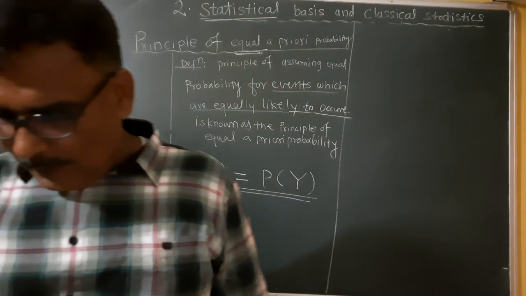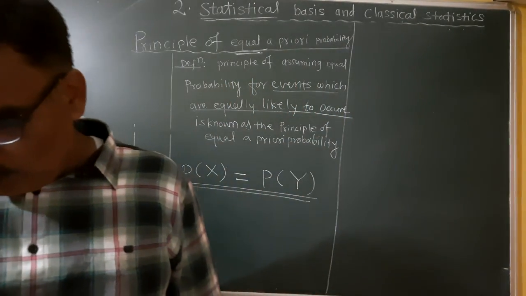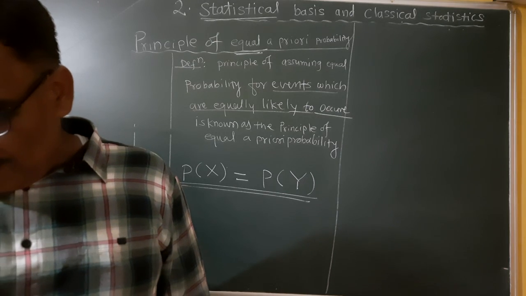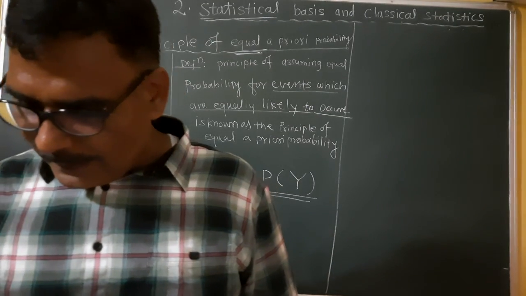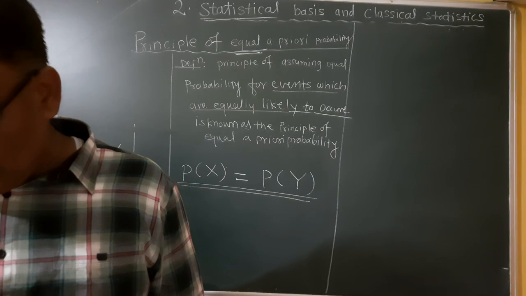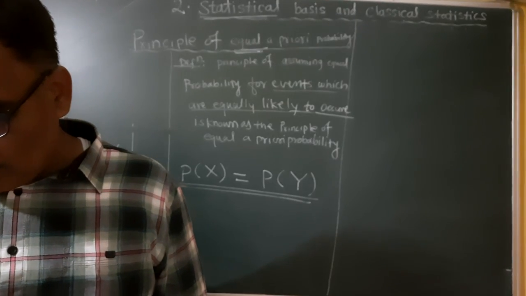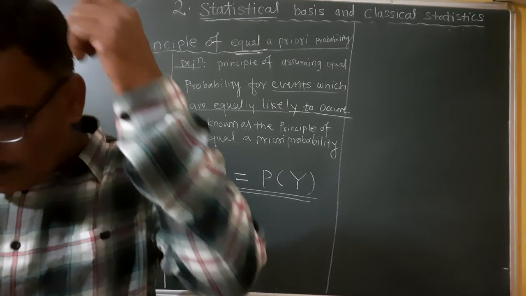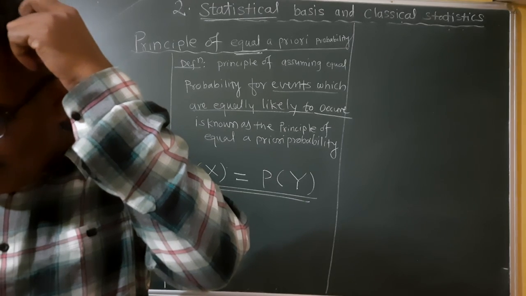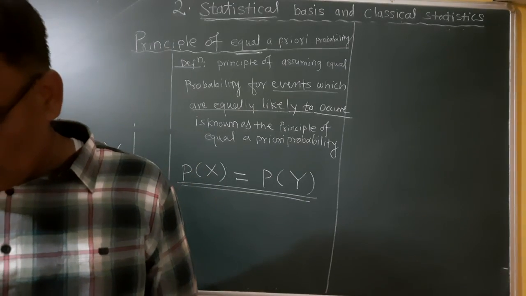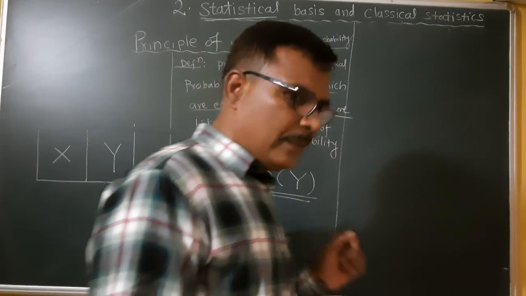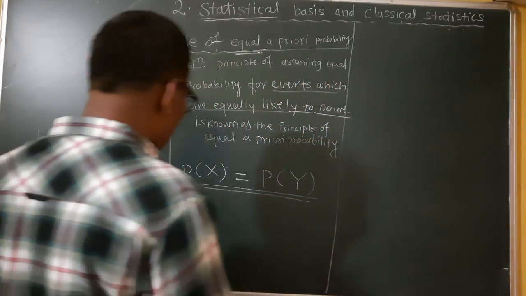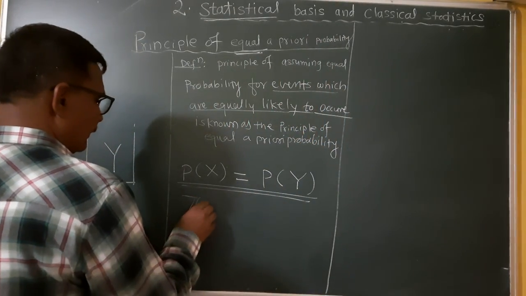This is the concept we have. And after that, a priori means something which exists in our mind, independent of the observation we are going to make. And this principle is the fundamental basis of statistical mechanics.